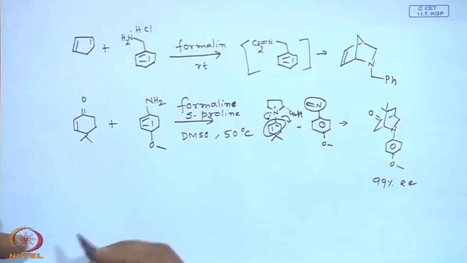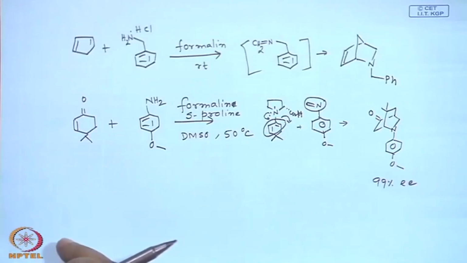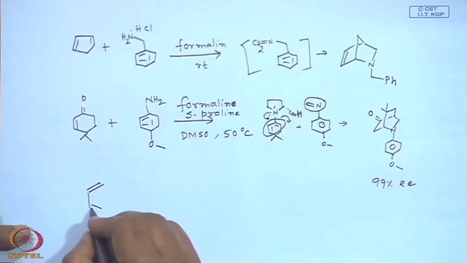This is actually pretty similar to a kind of diene called Danishefsky diene. Do you remember the structure of Danishefsky diene? It is a diene. What you will see, you have a double bond, you have a double bond.